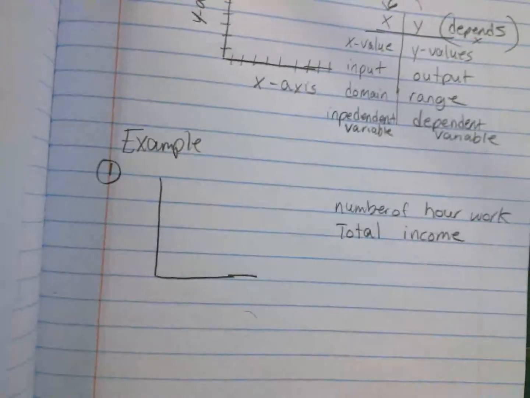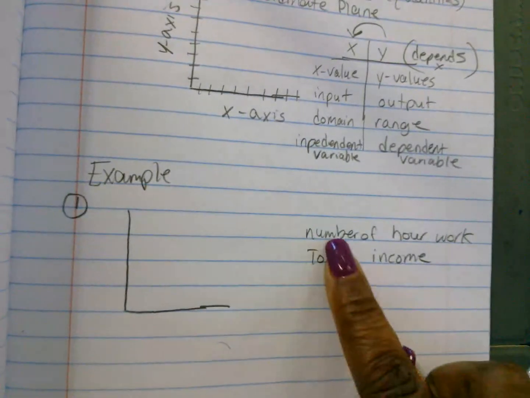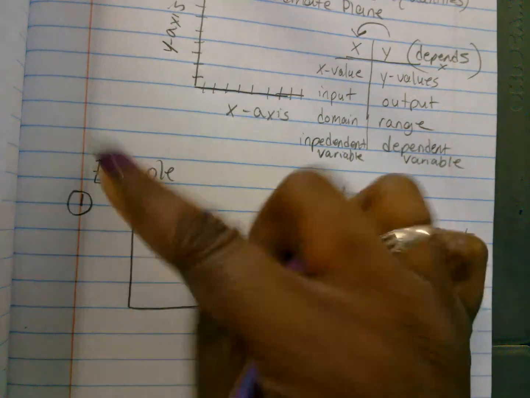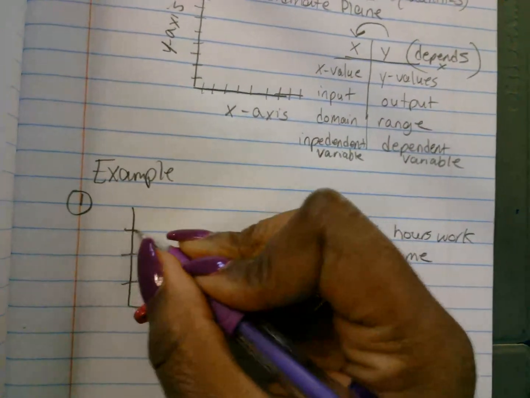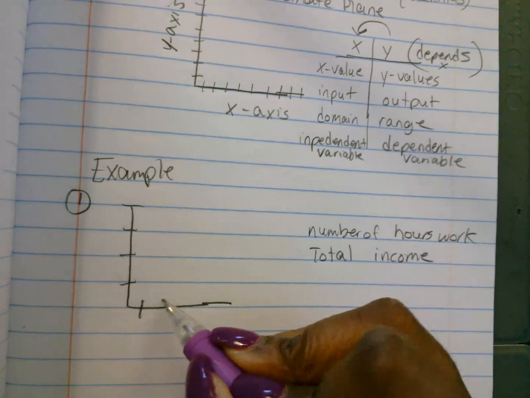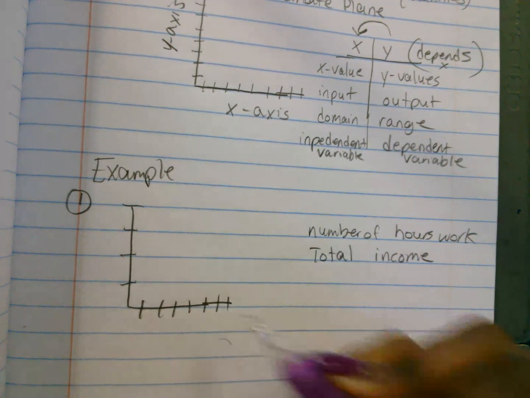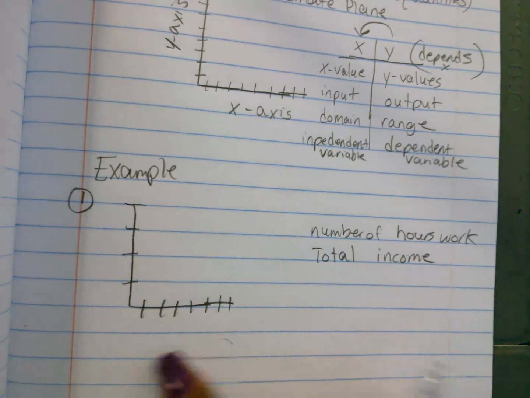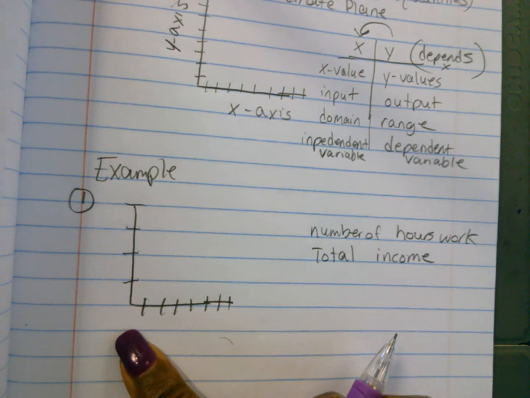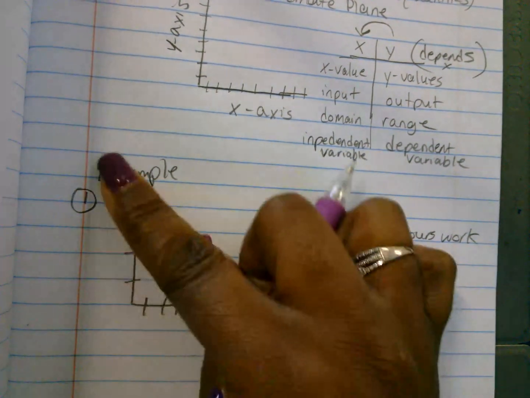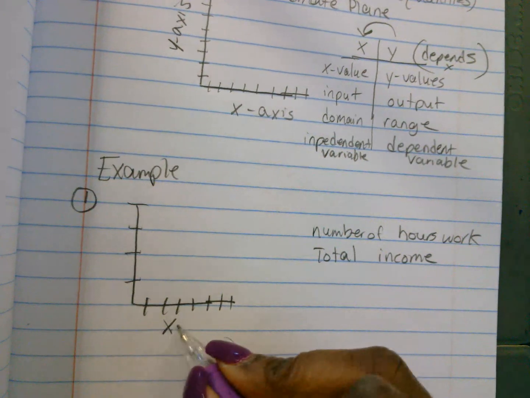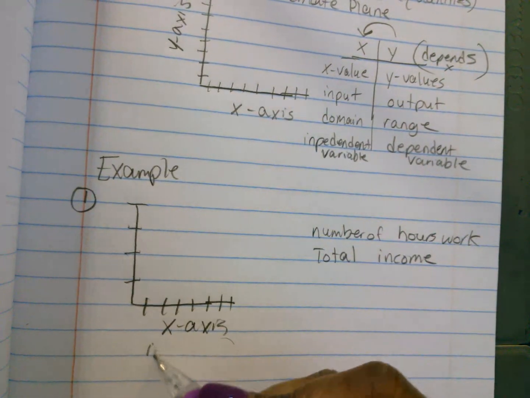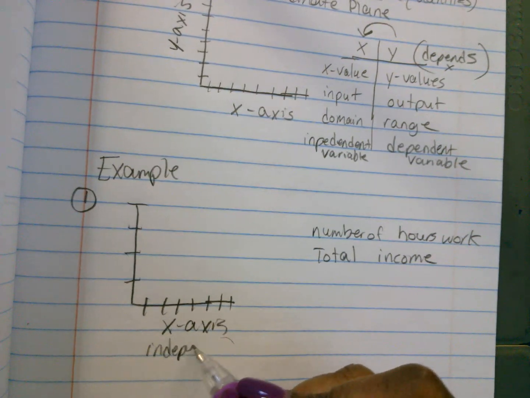Where do you think these variables belong? Do you think the number of hours worked belongs on the y-axis, or on the x-axis? And then total income, do you think it belongs along the x-axis or the y-axis? This is your x-axis, which is also your independent variable, where your independent would go.